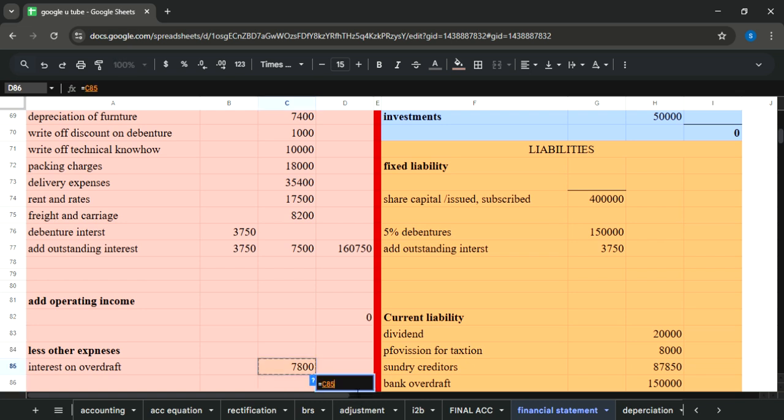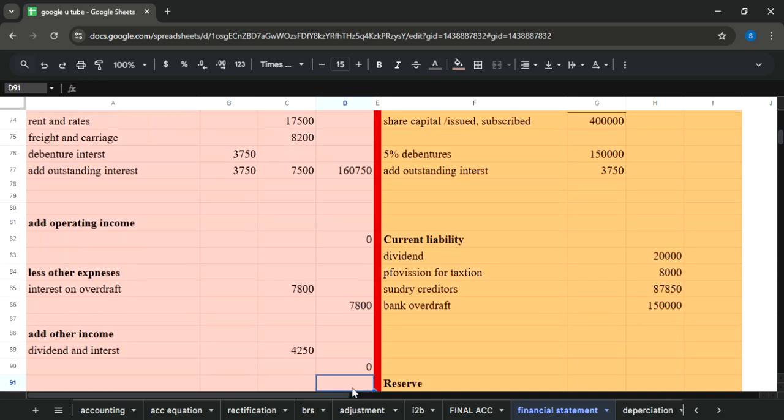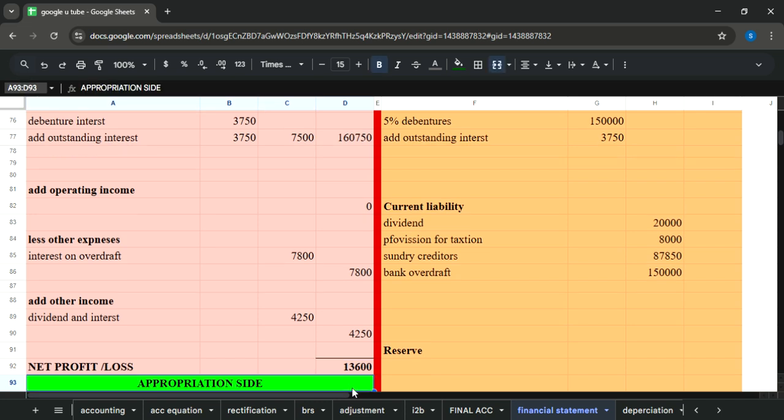Then we have only one other expense and only one other income. So let's calculate our net profit.